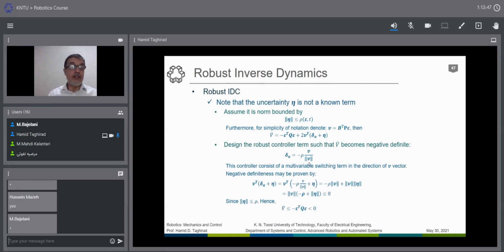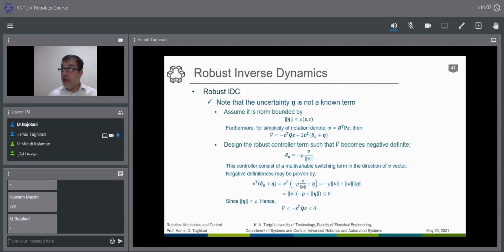If you can do it, you can still win the game. But if your competitor is 180 kilograms, you might not have the power to break him down. This is the way the robust controller works.